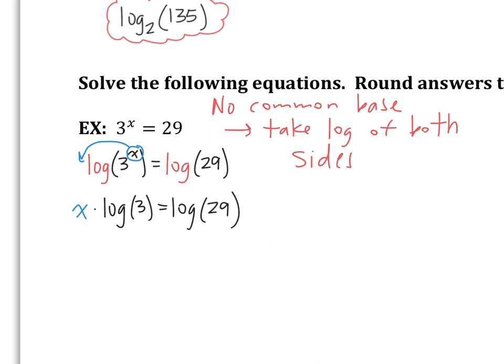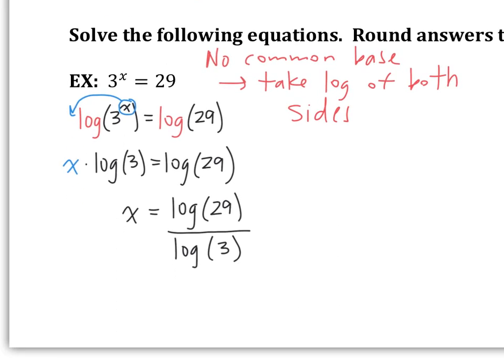So how do we get x by itself? All we have to do is divide by the log of 3. So we get x is equal to the log of 29 divided by the log of 3. Now we can't combine these necessarily. We could use our change of base formula, but we'll leave it at this for now.